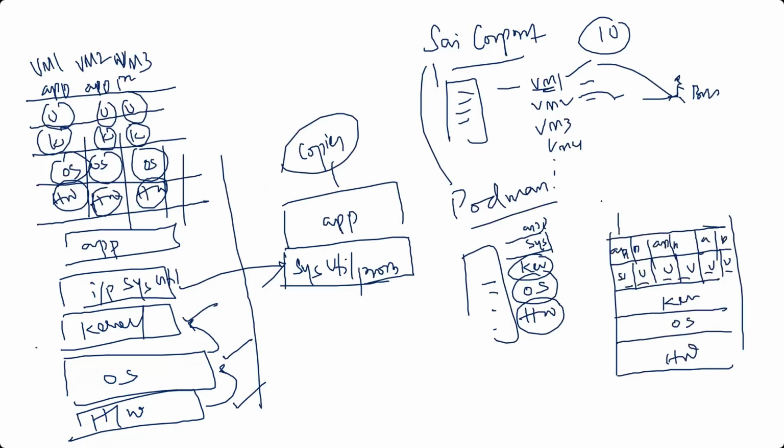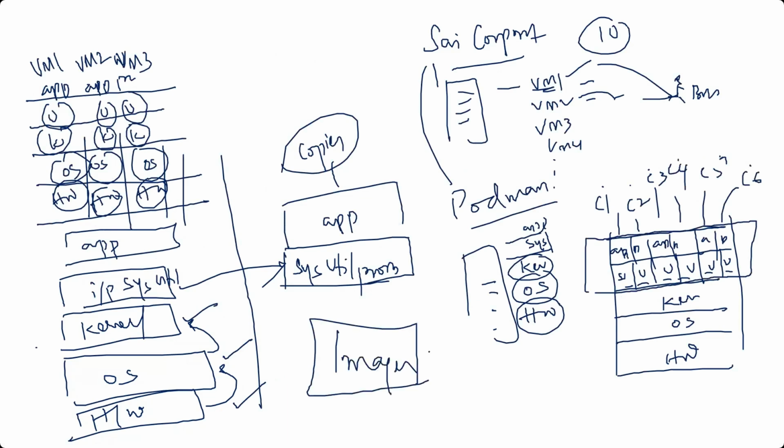So you will get container 1, container 2, container 3, container 4, container 5, container 6. Now, what you see over here, this layer, there are 6 containers. These containers are typically called images.